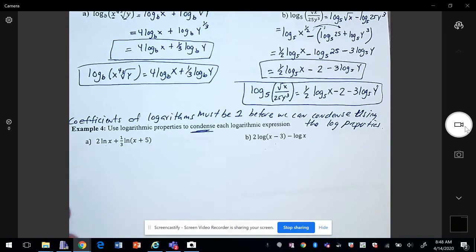Okay, so in other words, if I look at this natural log, the coefficient is a 2. In order for me to start to condense, this 2 must be a 1.